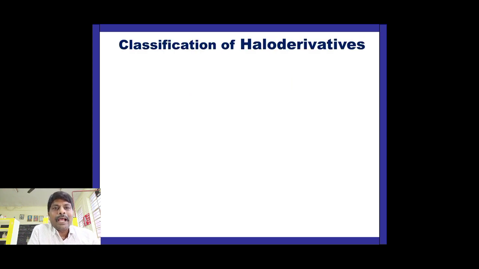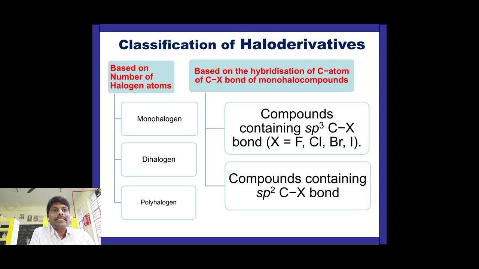Now we will see classification. Haloalkanes, haloderivatives are classified into different types based on some source. First we will see based on number of halogen atoms. Haloderivatives are classified into monohalogen derivatives, dihalogen derivatives, trihalogen derivatives and polyhalogen derivatives.